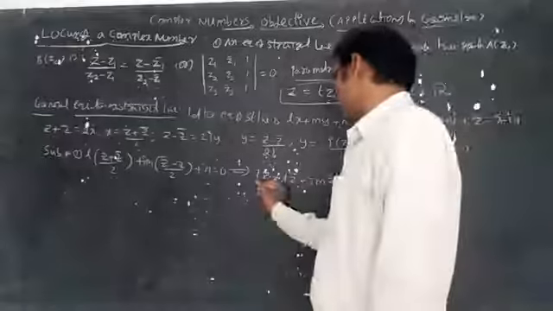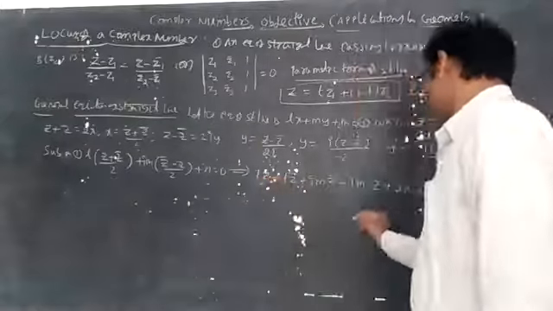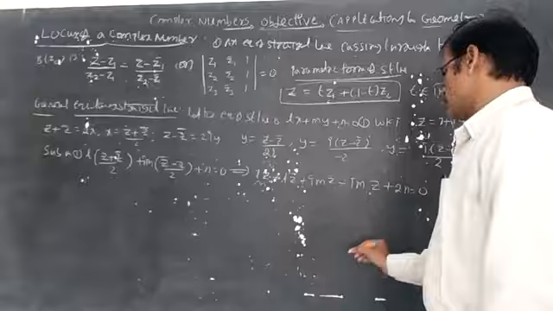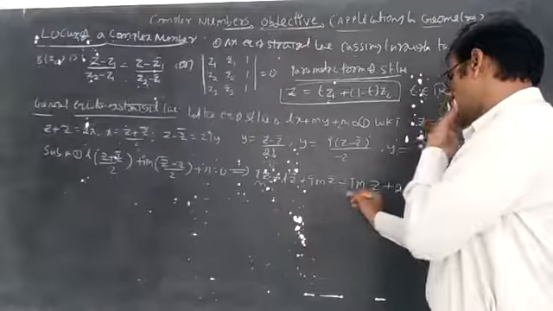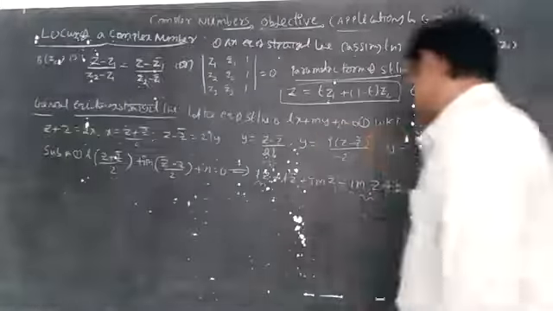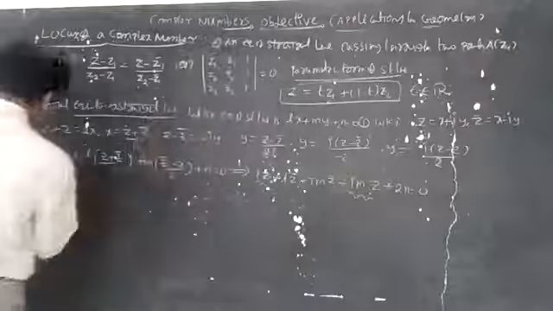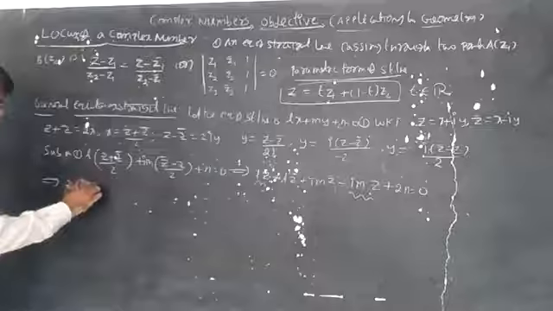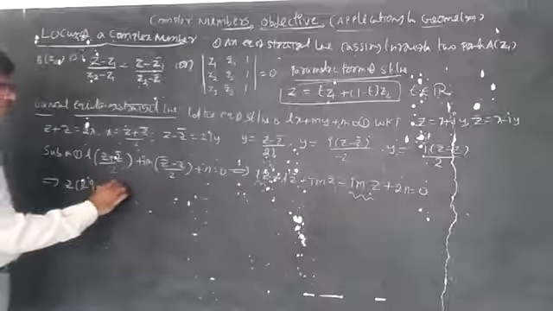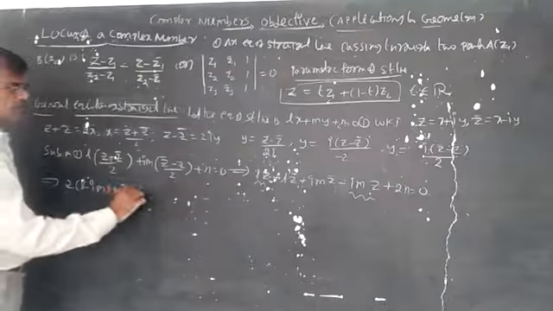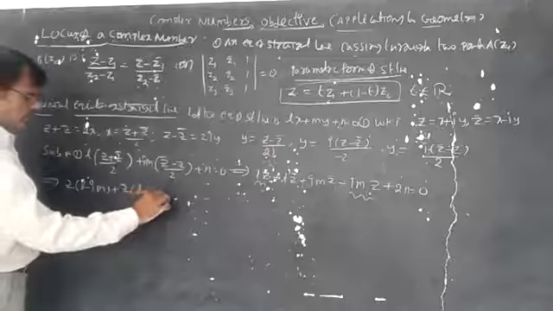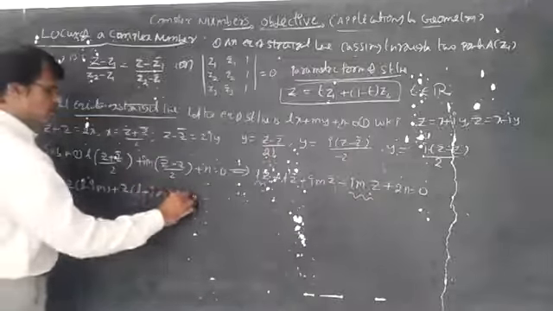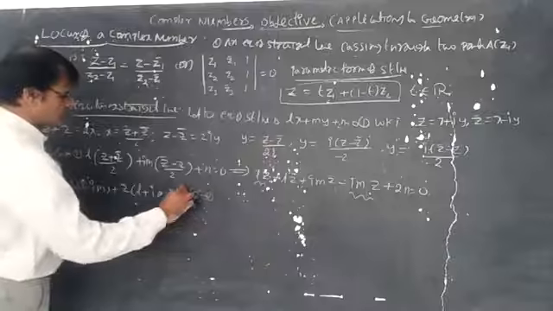That implies now Lz minus iMz, taking z common, z into (L minus iM) plus z bar taken common, it becomes (L plus iM), plus 2N is equal to 0.